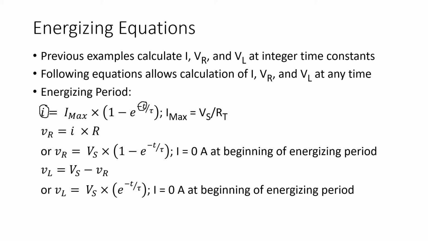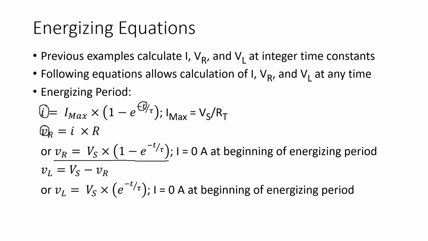Now, we know that V equals I times R, so VR, again, note this is an instantaneous quantity, can be calculated using Ohm's law, I times R, or we can use the equation shown to calculate the voltage across the resistor as a function of time.